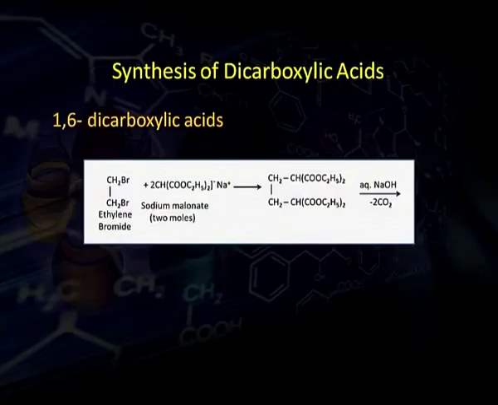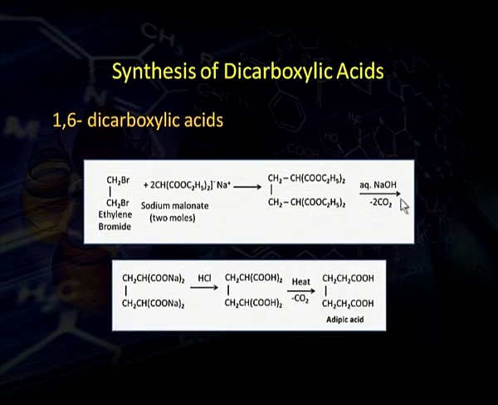We can also synthesize 1,6-dicarboxylic acid. These can be prepared upon treatment of sodium malonic ester with 1,2-dibromoethane. 2 moles of sodium malonic ester react with 1 mole of 1,2-dibromoethane and they form substituted ester, and this upon hydrolysis with sodium hydroxide produces sodium salt of dicarboxylic acid.